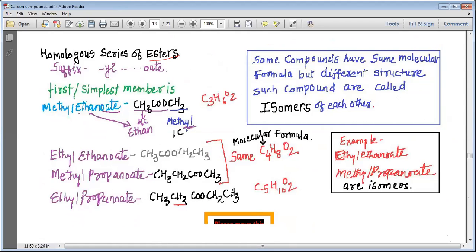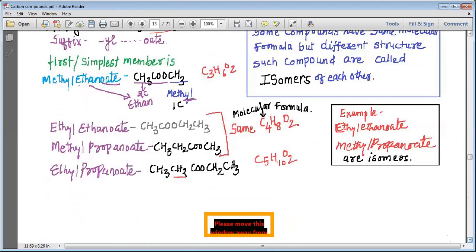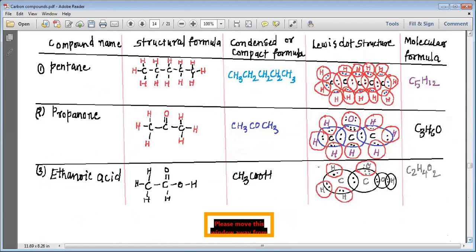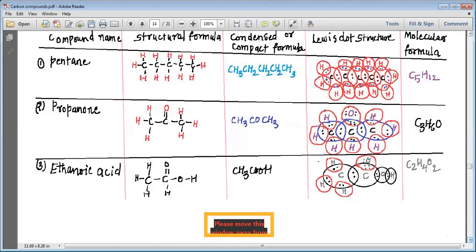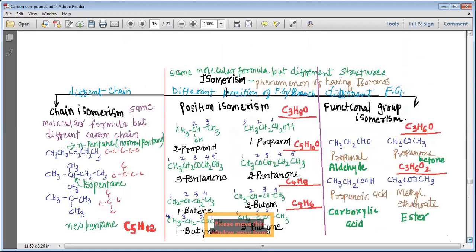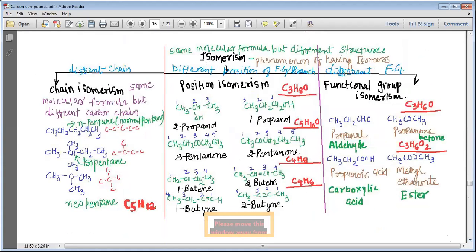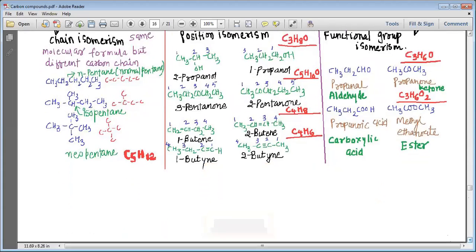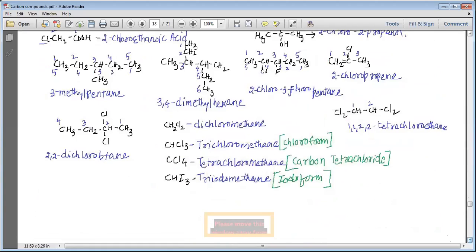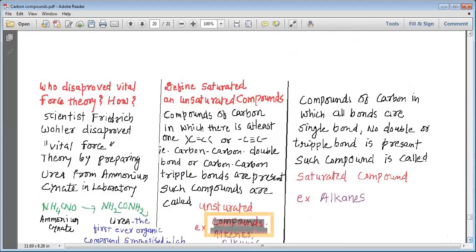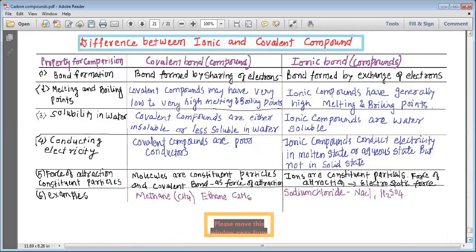We will also study some types of formulas and their Lewis dot structures, so that you can answer if asked in the exam, and then we'll study isomerism. In the next period, we'll study the nomenclature of carbon compounds, and in the period after that, we will study the difference between ionic and covalent compounds.